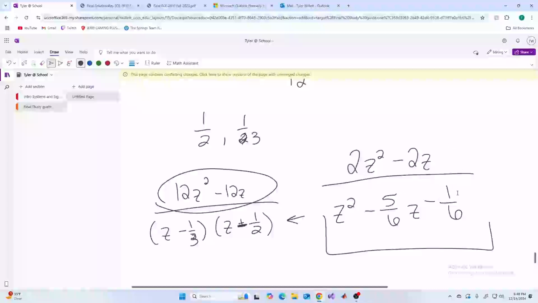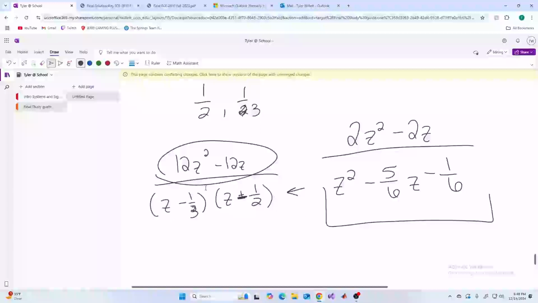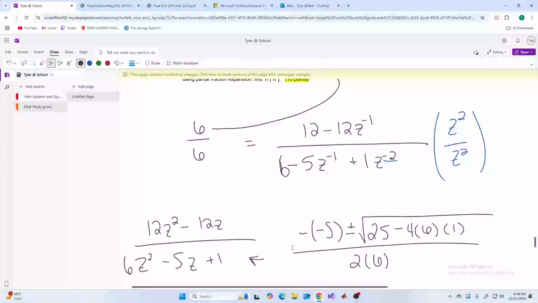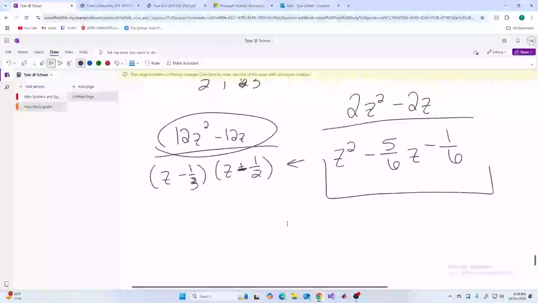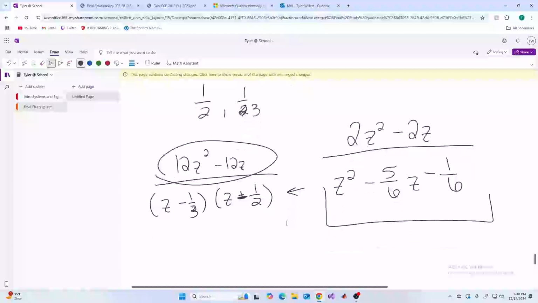This is what's up top, because when we factor this, we get our original function in positive powers of z. All that ended up happening was we multiplied the 6 in to clean it up, and multiplied the 6 on the top to clean it up. So you need to realize for this problem that you're not solving with this top. You're solving with the original top.